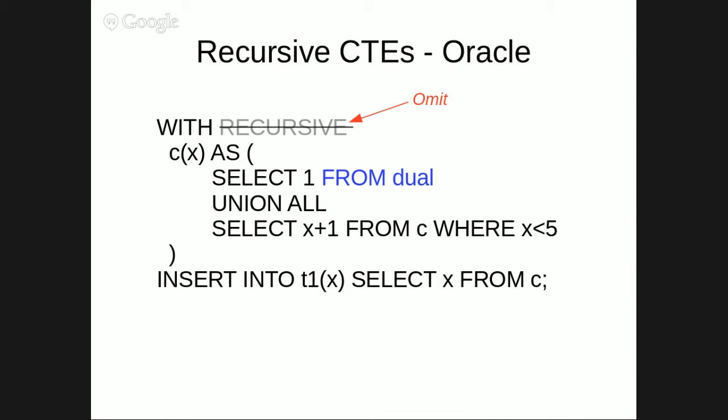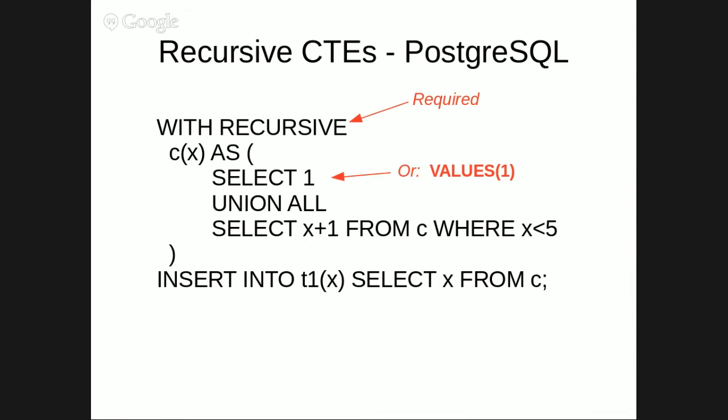And so that's Oracle. Postgres is exceedingly dogmatic about following the SQL standard. And so in order to do a recursive common table expression, you have to use the keyword RECURSIVE. And that keyword also changes the semantics of binding and so forth.